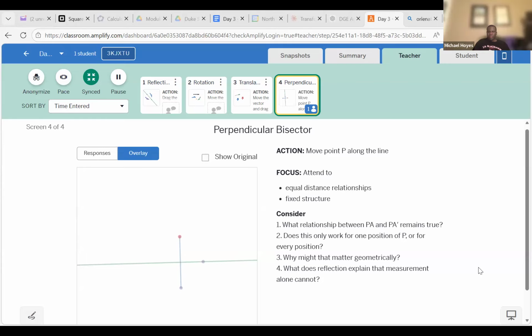Yes, points that are corresponding to one another are reflections of one another across that line of reflection. Now, the idea about the bisector, based on what you've already said, how do we know that this line of reflection is bisecting this?